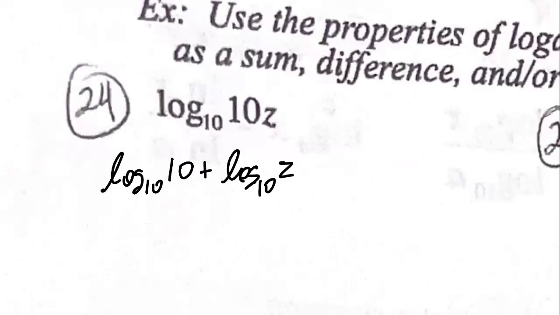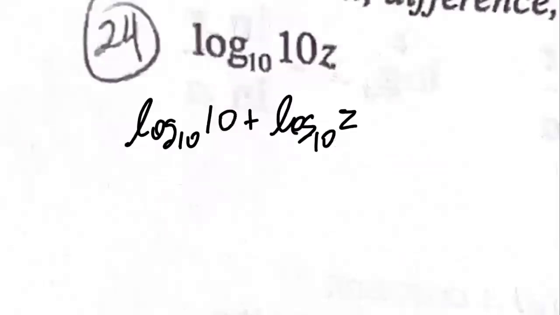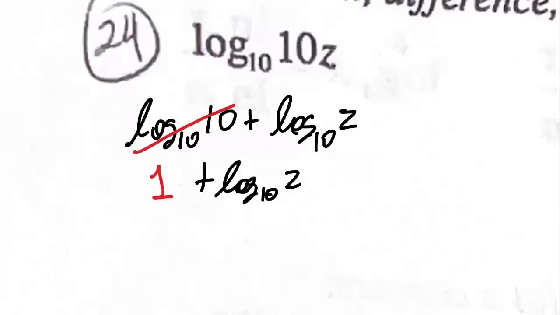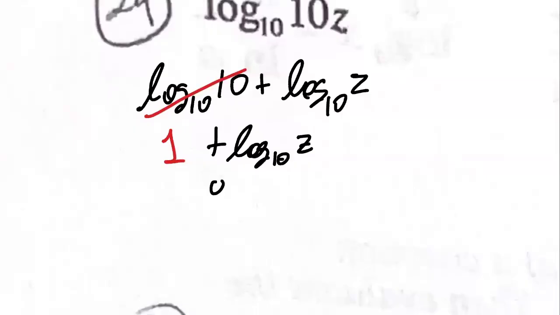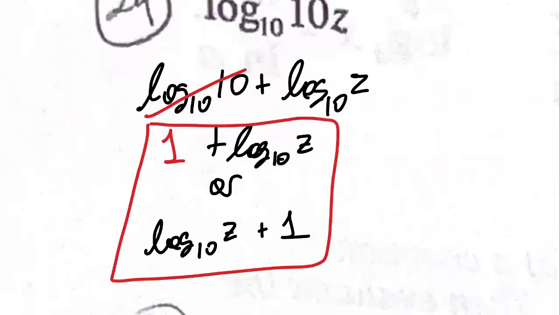So that is the addition rule. Now log base 10 of 10 is just 1. Or you can rewrite it as plus 1 and have a constant in the back. But either one is perfectly fine how you rewrite it.